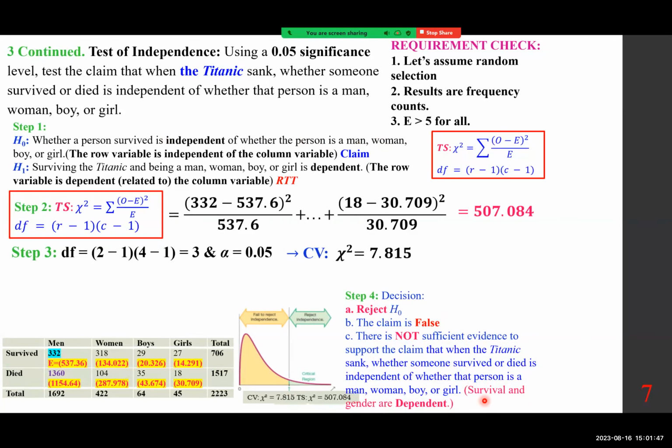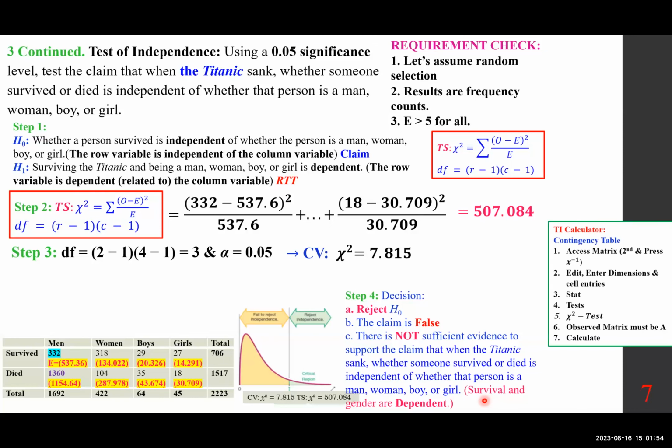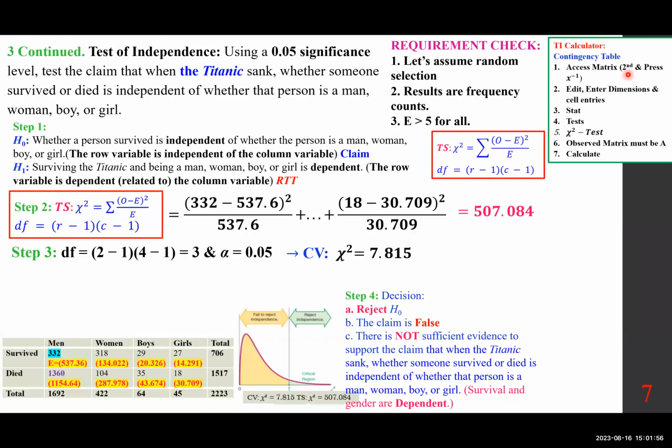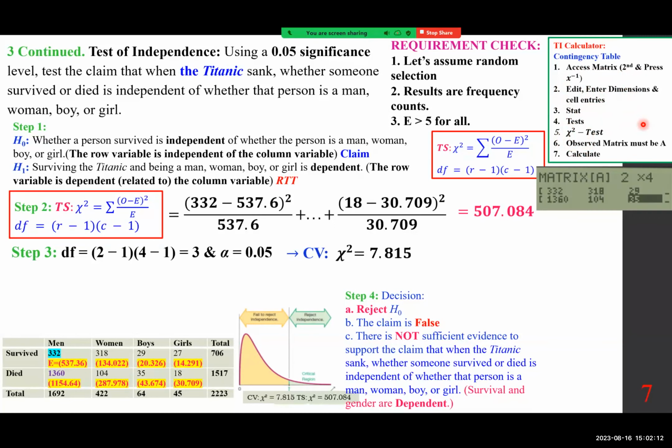Now, of course, it can be done with technology as follows. We go with a matrix, and to access the matrix in a TI, press second and x to the power of -1, then edit. First you enter the dimension, and then we go with the chi-square test, and the observed matrix must be A. So take a look at what we do.